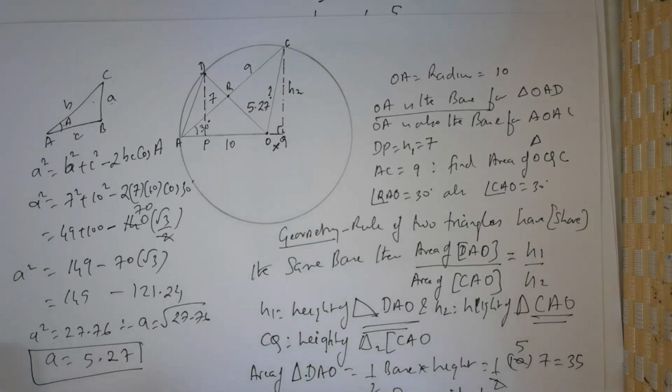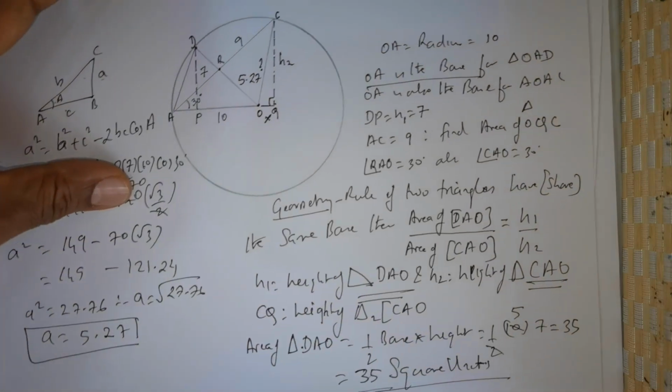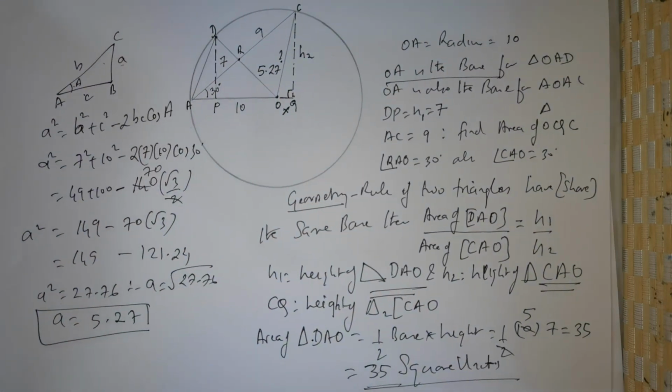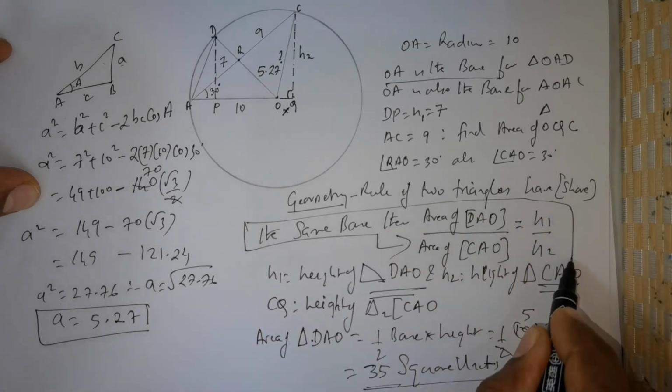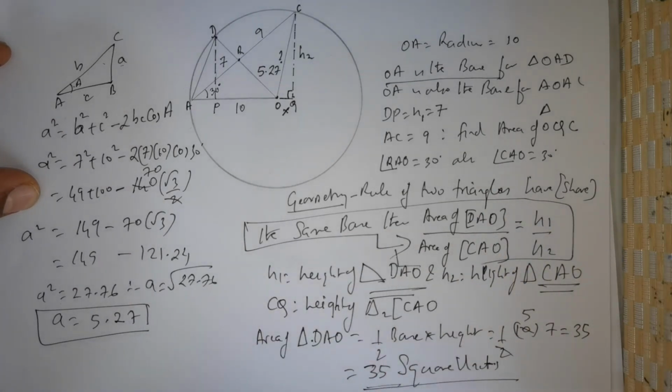So this is an interesting question, and you can go through this and give your comments and insights about this beautiful property. I have used this lovely geometry property and we have got a lovely result.